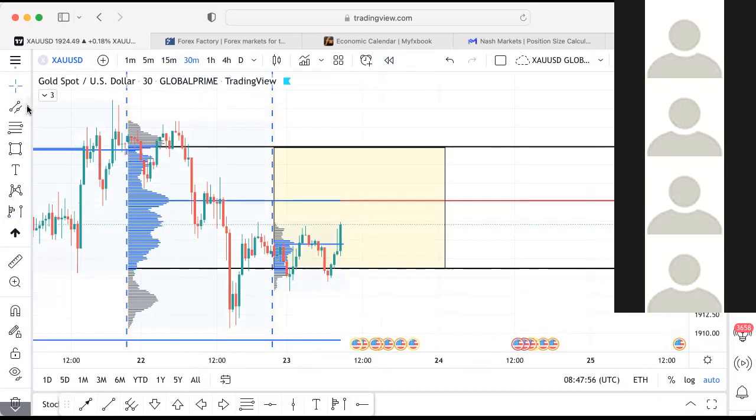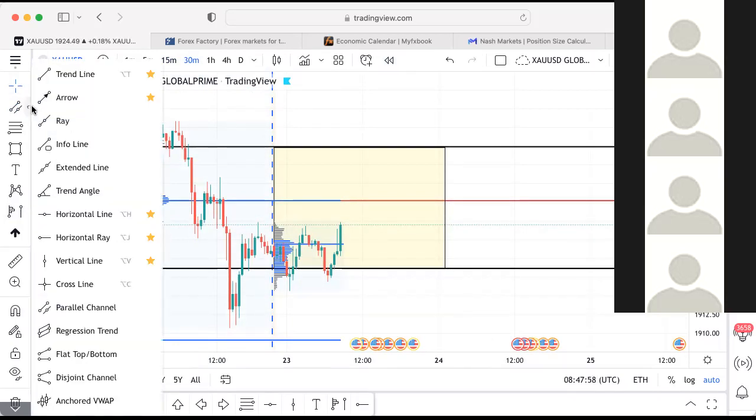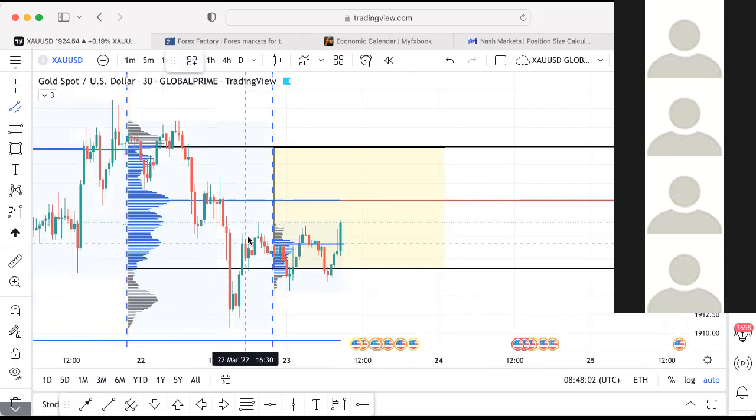So, second, trendline tools, parallel channel, and just try and define this area of consolidation. For now, I'm just going to take it to the top of that green wick there.